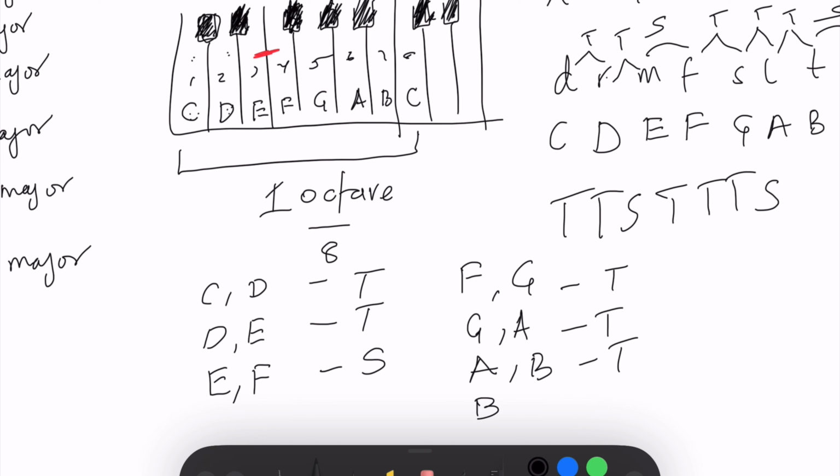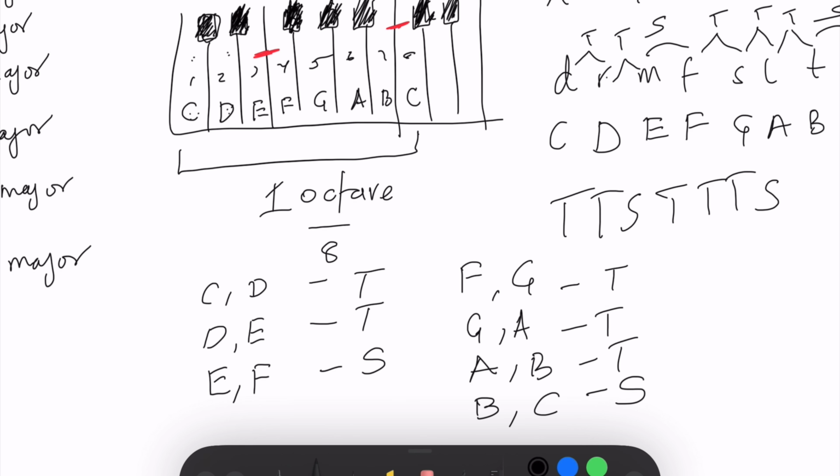But between B and C, here again, there is no black key, so that's a semitone. And that's why for the key of C, you have no note flattened or no note sharpened.